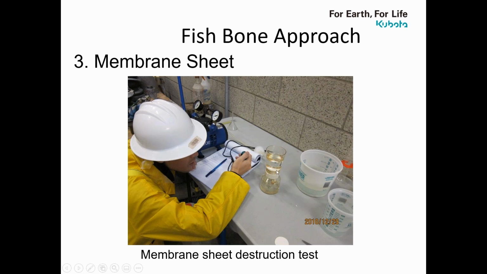So when you see that, we dip this membrane sheet into a chemical, let's say sodium hypochlorite, and then we do another filterability test and check the flow rate. Compared to the new membrane, it will recover up to 70, 80, or 90%. If you see an 80% recovery, you're pretty much good. It's just fouled. You have to do chemical cleaning with sodium hypochlorite.